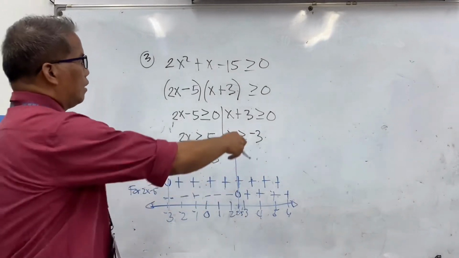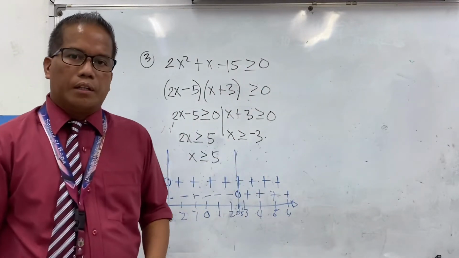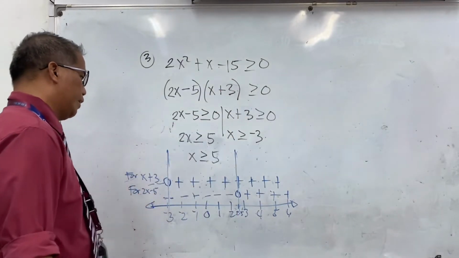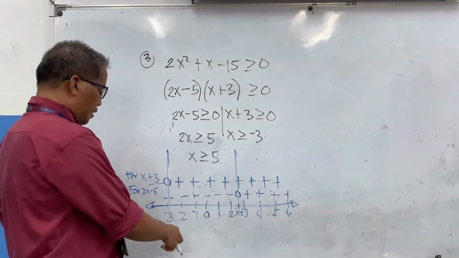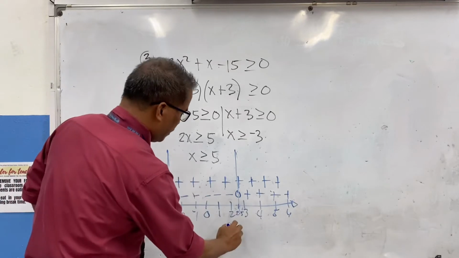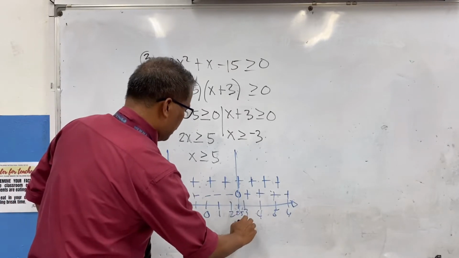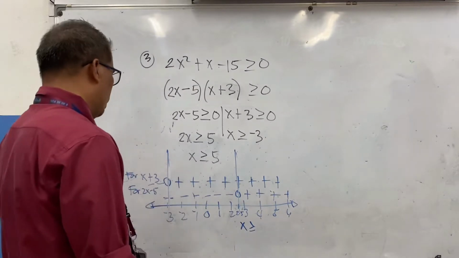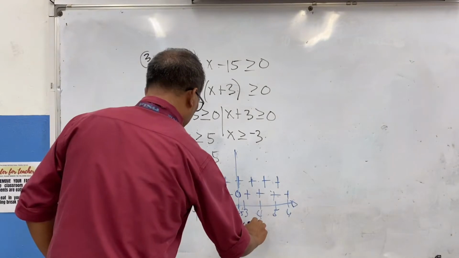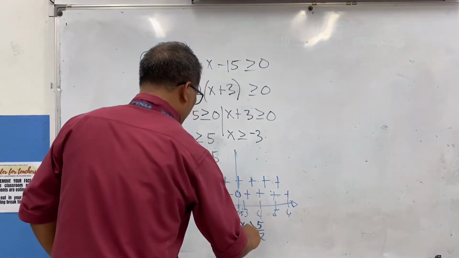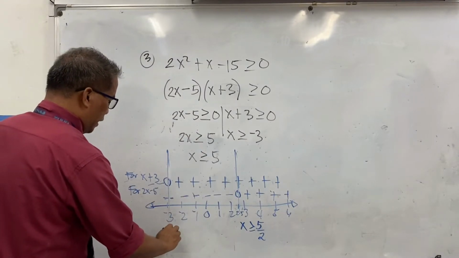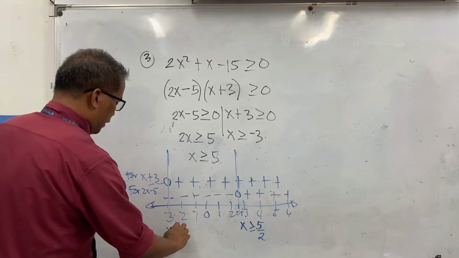Now, going back to the given inequality, the symbol is greater than or equal. So from here, we have x is greater than or equal to 5 over 2. And then here will be x is less than or equal to negative 3.